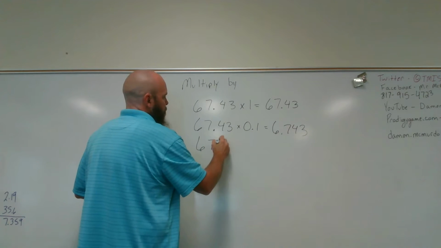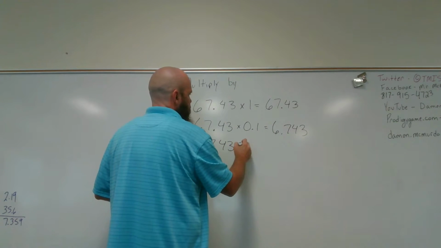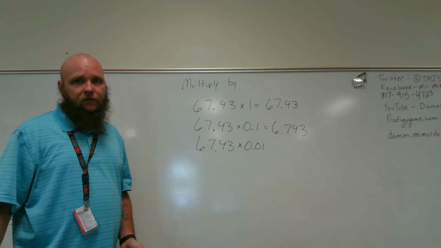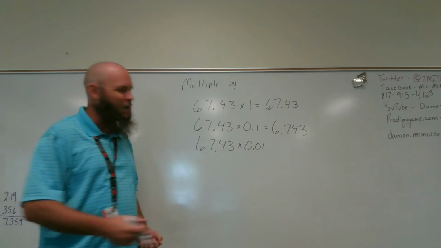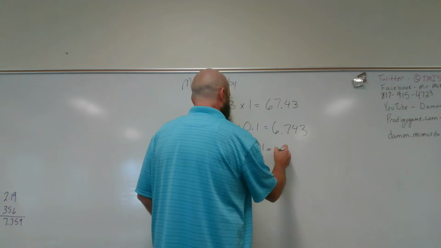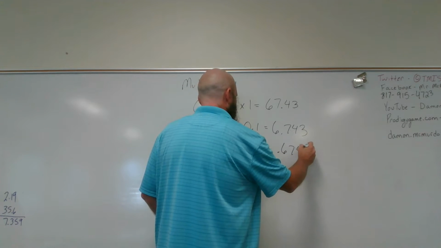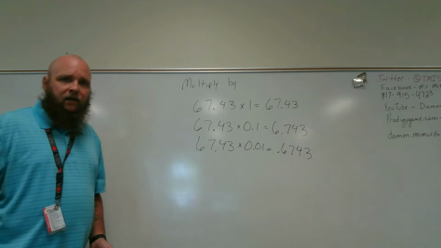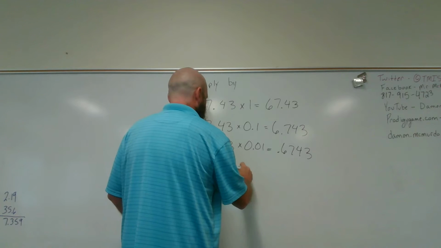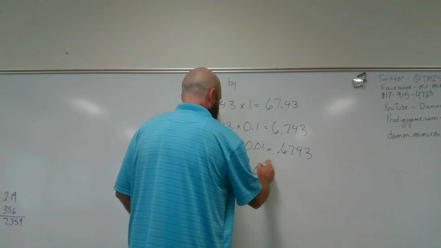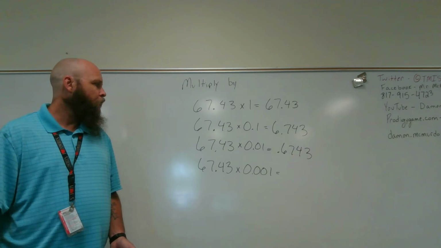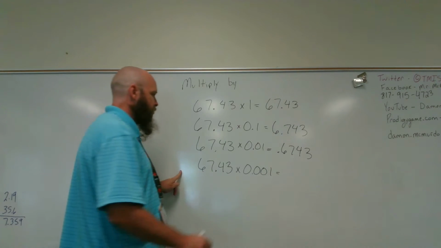If we take the same number and multiply it by 1/100th, I bet you can guess what's going to happen. It's going to move two places. And if we take the same number and multiply it by 1/1,000th, we move the decimal point 3 places.